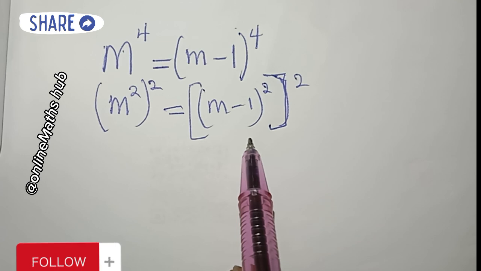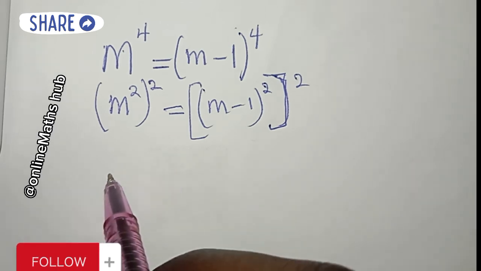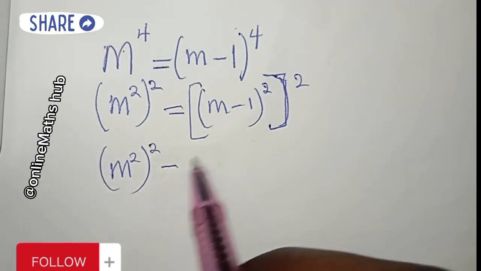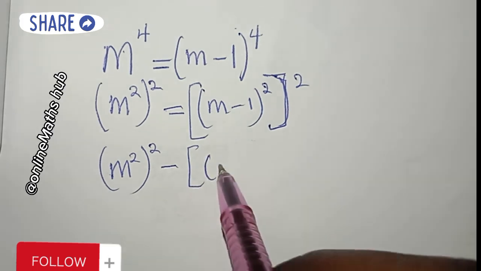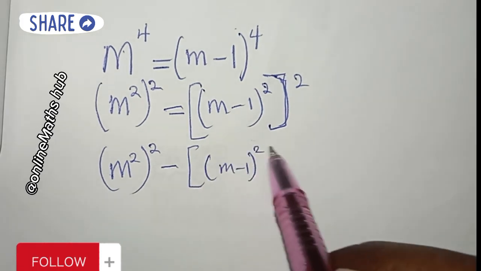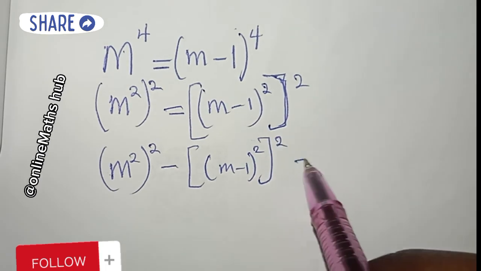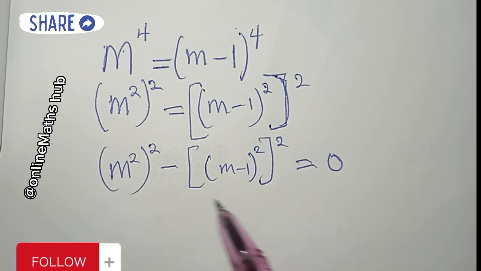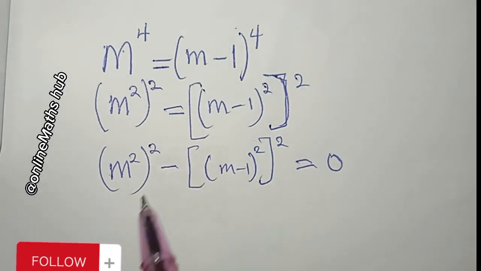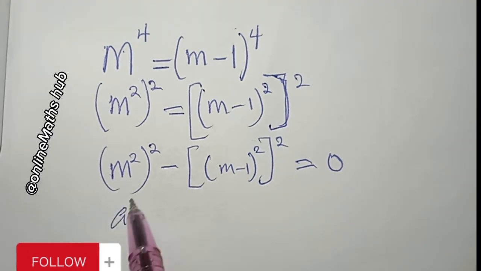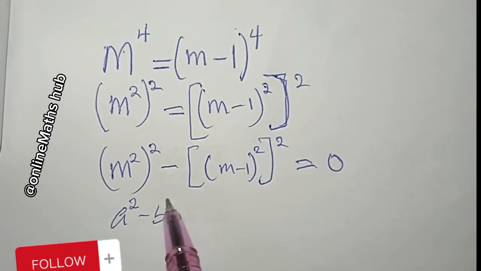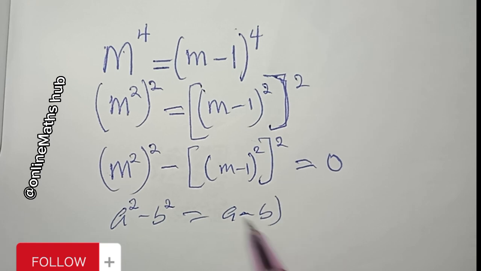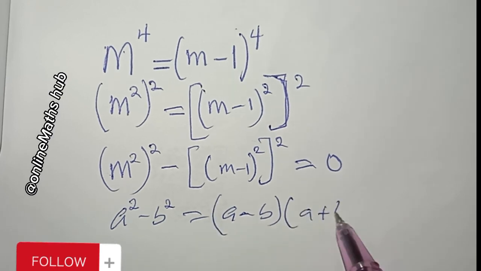If I bring this to the left-hand side, what I'm going to have is (m^2)^2 - ((m - 1)^2)^2 = 0. You see that it is looking like a difference of two squares. You remember that a^2 - b^2 can be written as (a - b)(a + b).